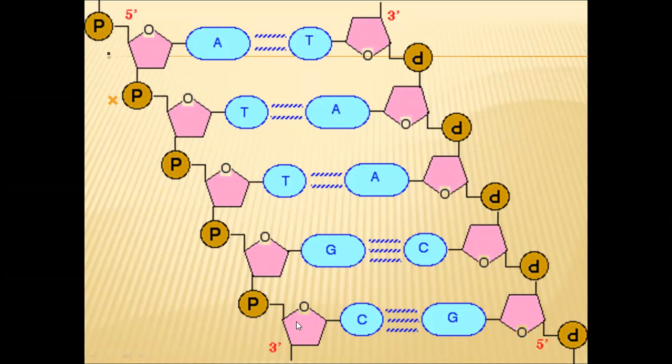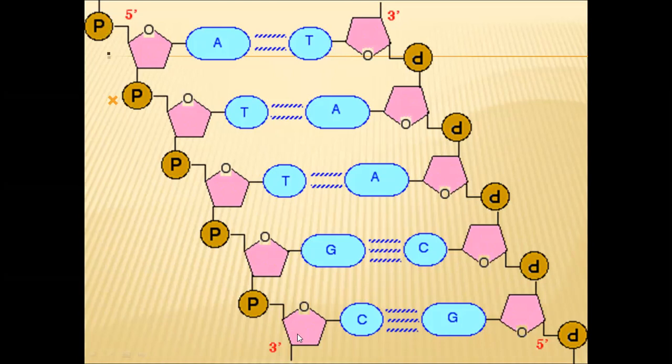This polynucleotide chain has a direction. This is the first nucleotide, and on the first nucleotide we can see the third carbon has a free end. On the last nucleotide, the fifth carbon will have a free end, attached to a phosphate group.